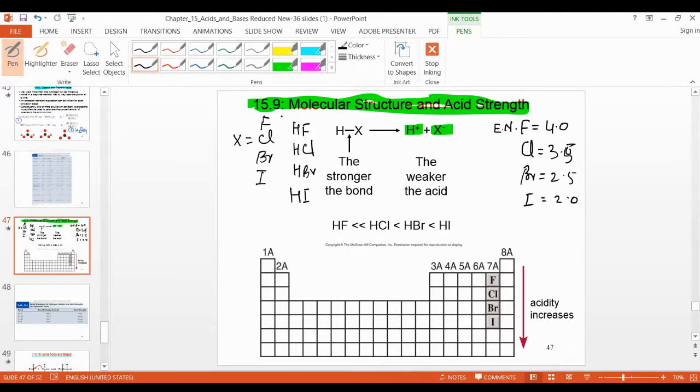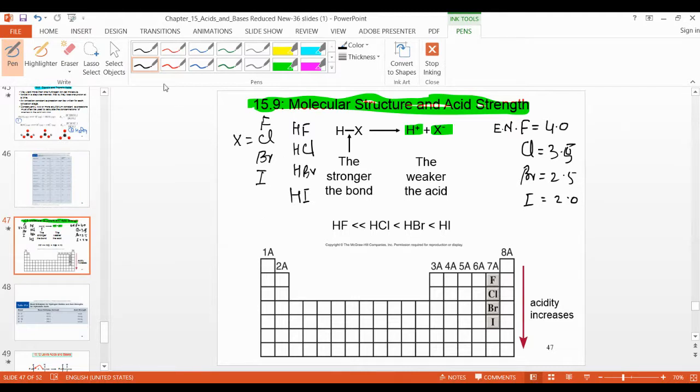That's why a strong acid is one which can easily release H plus into the solution. But any halogen, fluorine for example, which cannot release H plus into the solution easily, that is a weak acid.